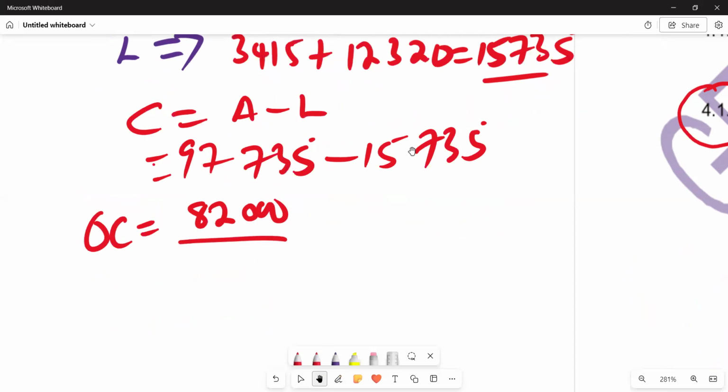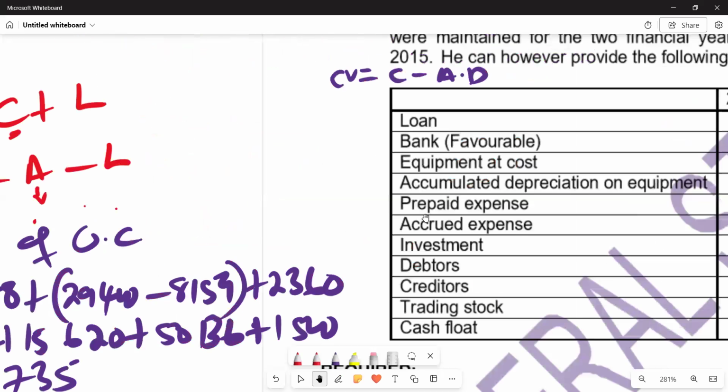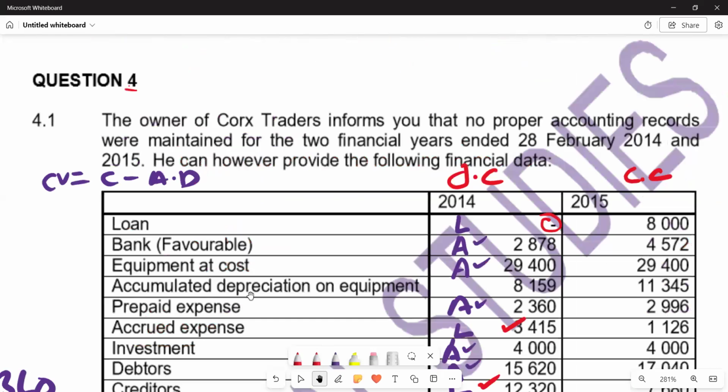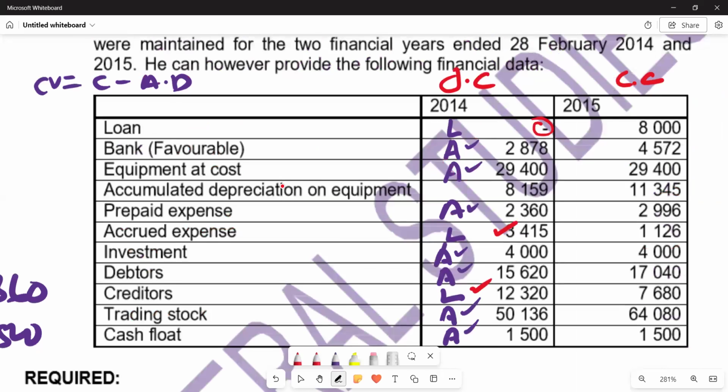Then as well, we can now calculate the closing capital. So on the calculation of closing capital, we are going to identify again the assets that we have first. We have 4,572, which is our bank, and then equipment. We are going to say 29,400 minus 11,345 to get the carrying value here.